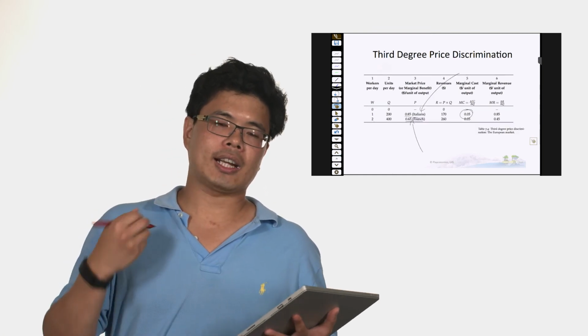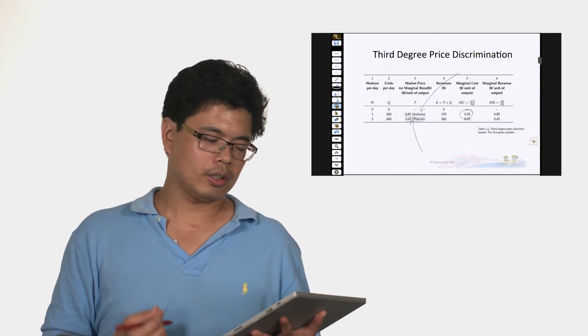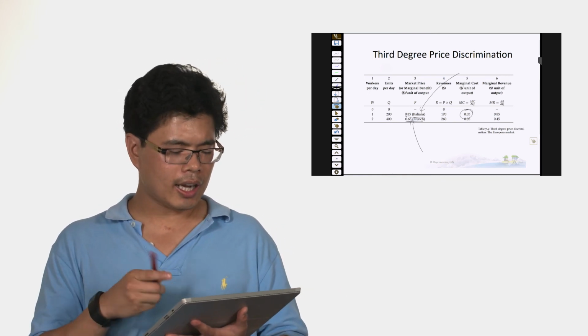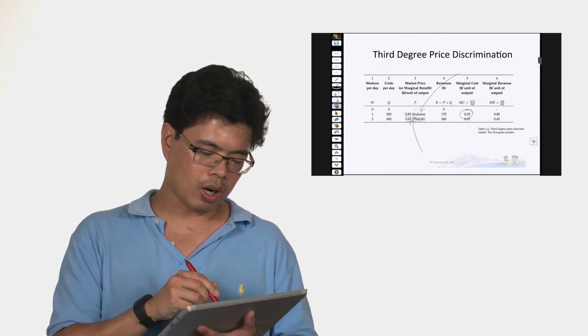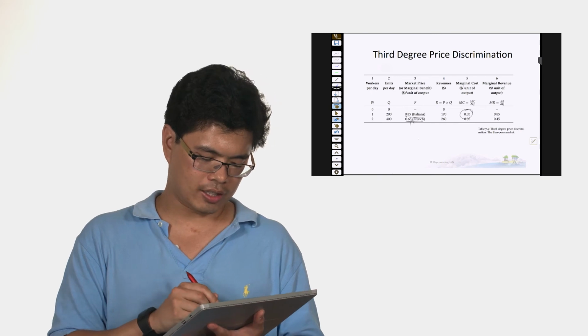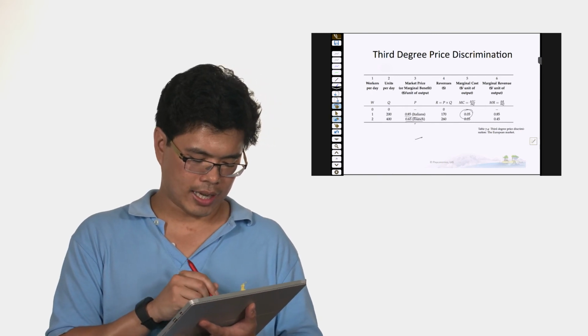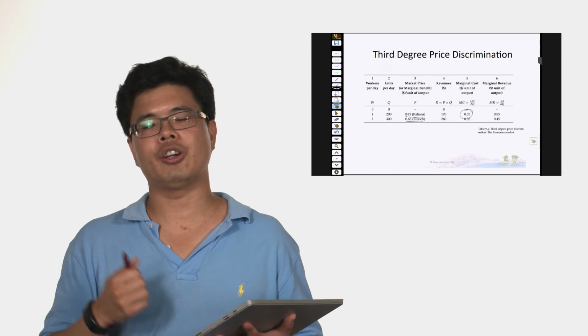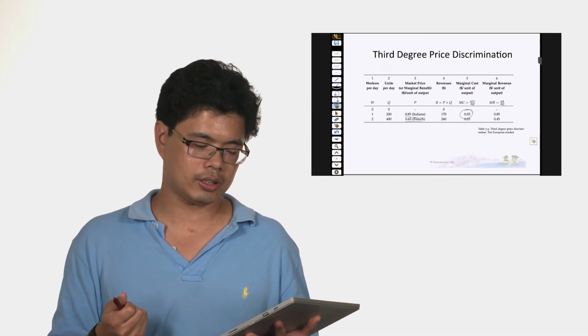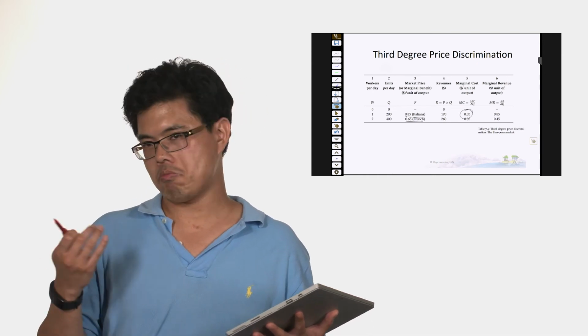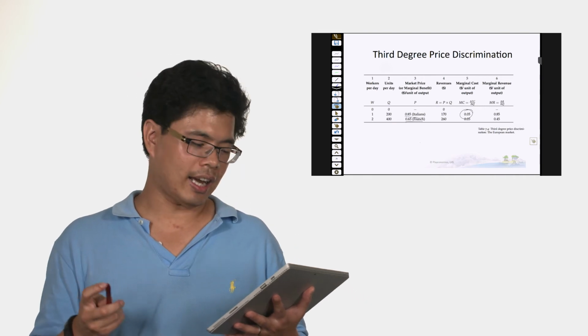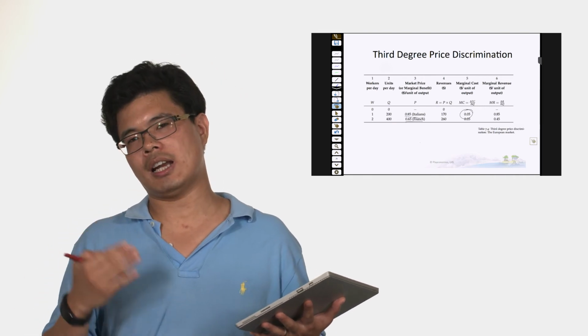Third degree, like I said, is a cruder form. It's saying, I can't quite differentiate between the Italian and the French. I know that I have a European market, and roughly speaking, when you're in Europe you are either Italian or French.